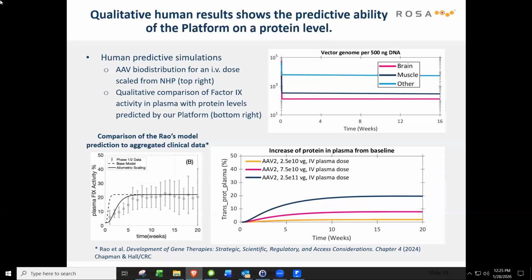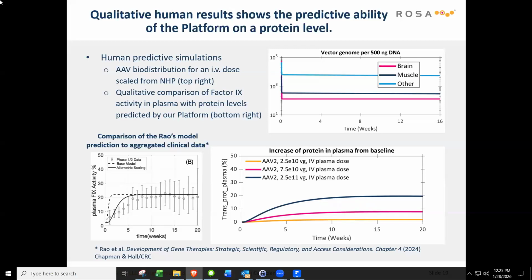And then at the bottom left, we can see the results of simulations from a paper written by Rao, a book chapter from two years ago, 2024.